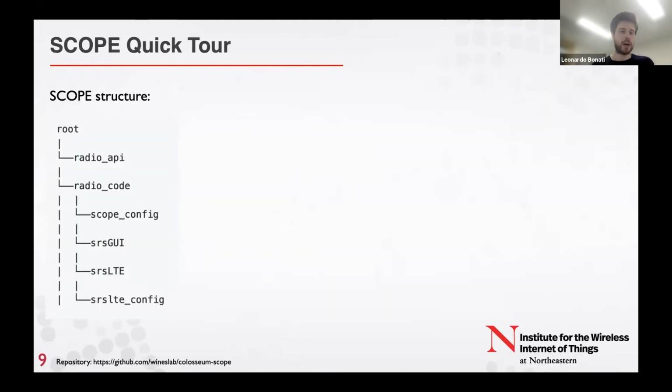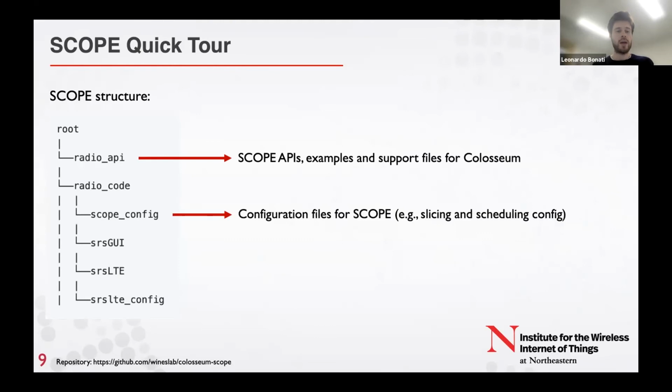So just to give you a really quick tour of the structure of the Scope repo that is in the link on this slide. We have a directory containing the Scope APIs, some examples on how to start using Scope, and support files for running Scope on Colosseum. Then we have some configuration that is used by Scope, for instance, to set the slicing and scheduling of the base station and of the network in general.